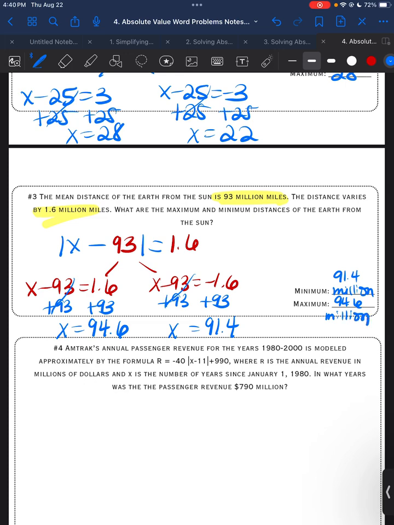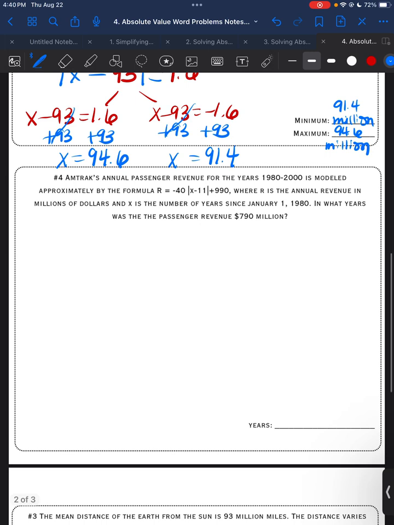And then finally, number 4, they give us a formula. So this is kind of combining the last few lessons with word problems. So this formula, I'm going to rewrite it so that the absolute value is on the left. So I have this right here. Equals R. And then they actually give us the revenue.